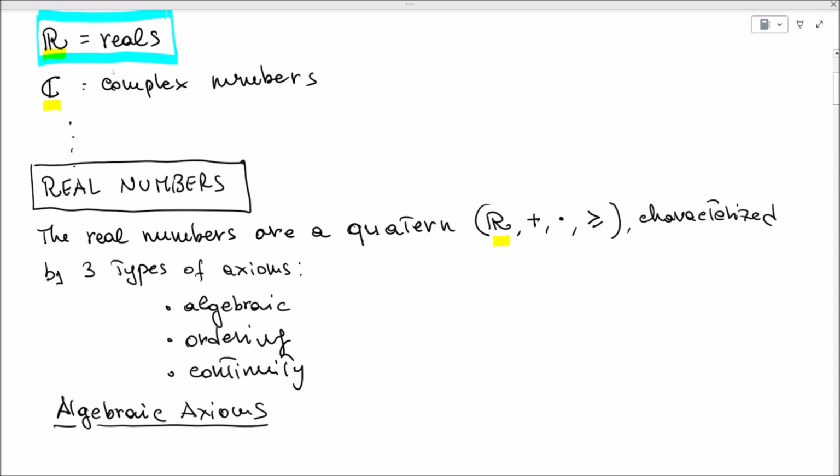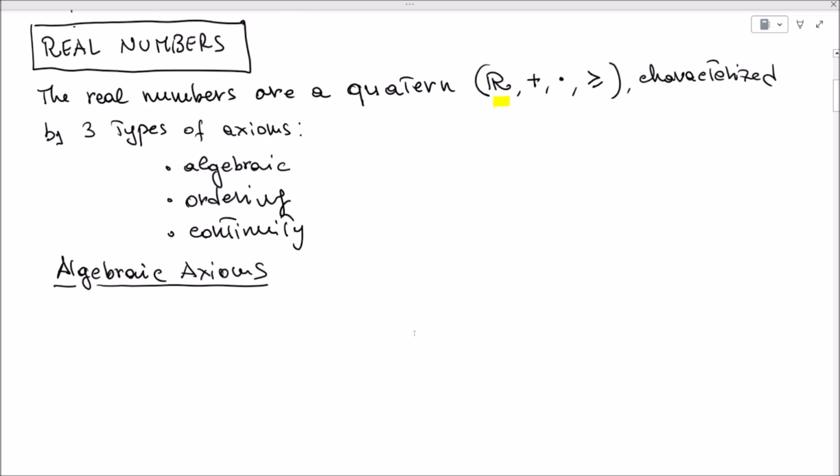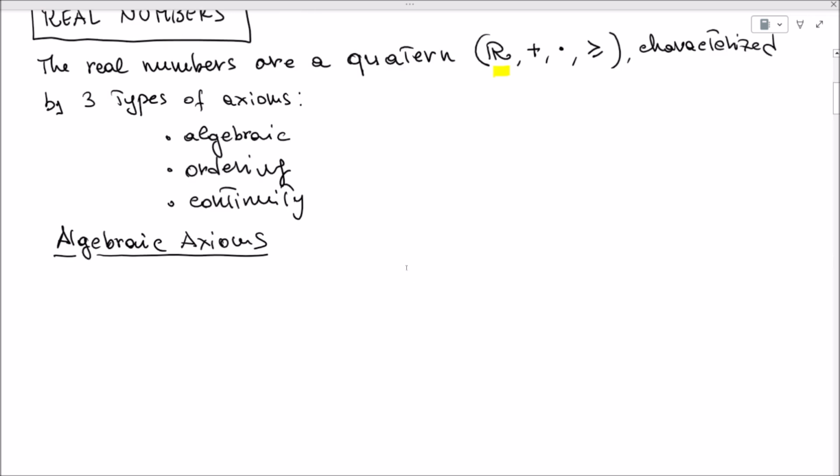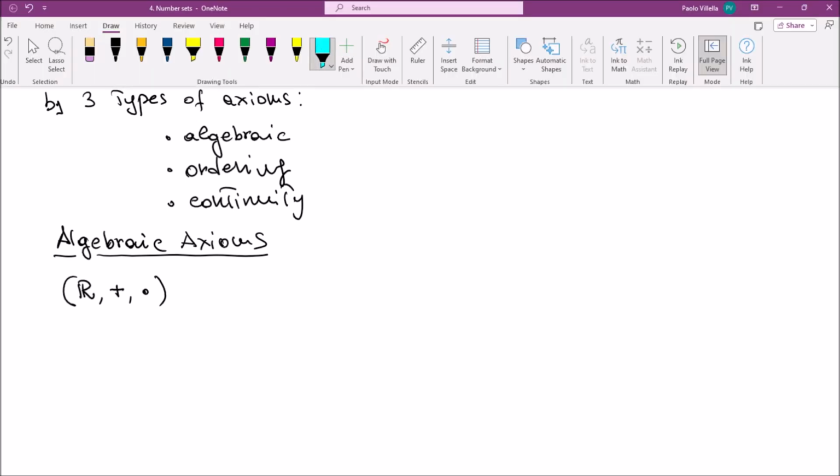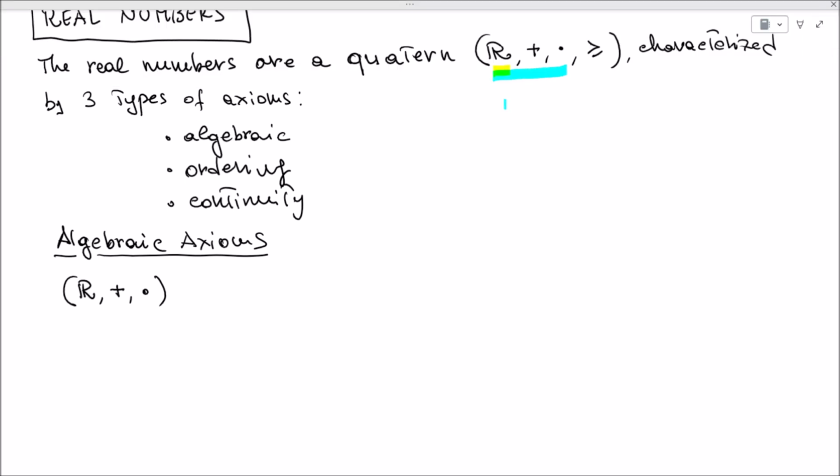The algebraic axioms define basically the triple R with the two operations. So in other words, we are now just focusing on the first three elements of the quadruple. R is the set of numbers, and sum and product are the two operations defined on this set of numbers.